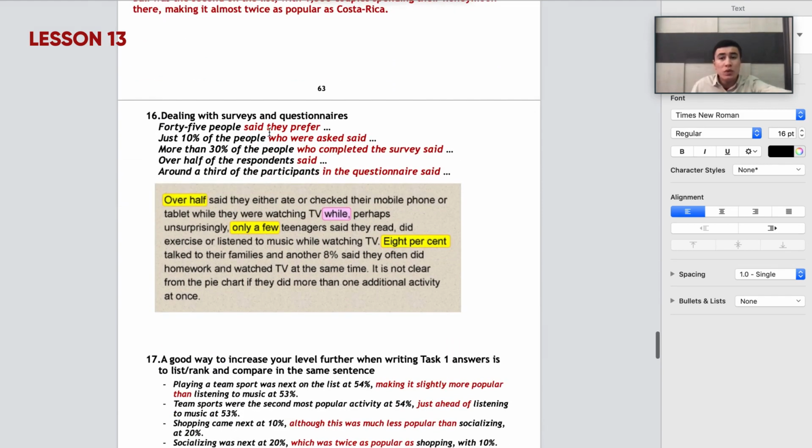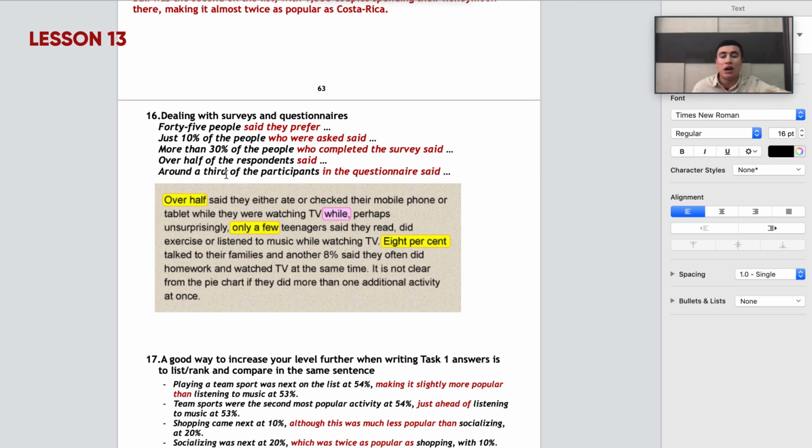Now, dealing with surveys and questionnaires. So 45 people said they prefer, just 10% of the people who were asked said, more than 30% of the people who completed the survey said. So you can use these phrases: said they prefer, who were asked said, who completed the survey said, or simply said, and again, around a third of the participants in the questionnaire said. So this is always nice if you learn how to use different structures in one sentence.